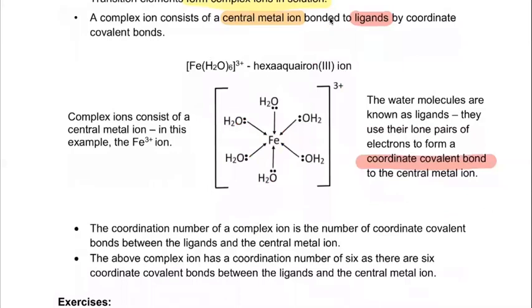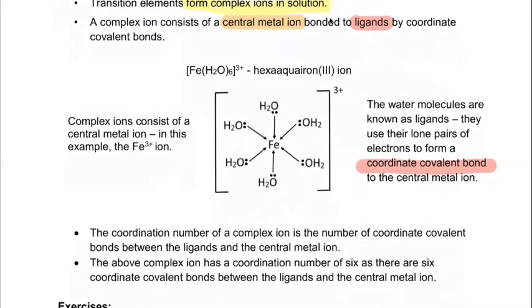So a regular covalent bond is like, let's say I have hydrogen, and hydrogen has 1 valence electron, and I have chlorine, and chlorine has 7 valence electrons. So if I have 2 nonmetals like this, they each have 1 single electron, so they will share these electrons.